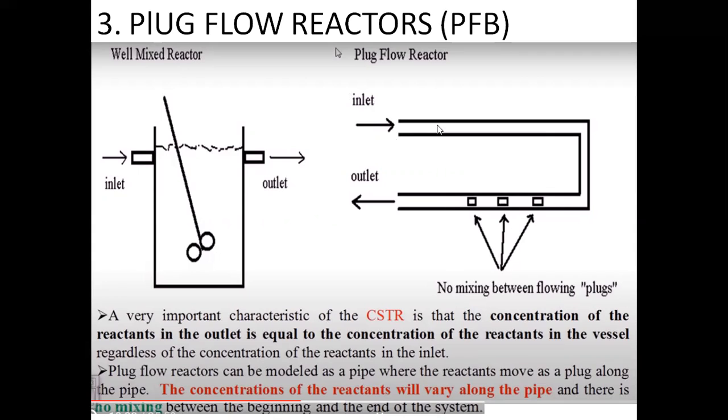There is no mixing between the different regions of the reactor. As these reactants move from the inlet to the outlet, they are treated and converted into a less toxic form. So basically, this type of reactor is used for the treatment of sludge.